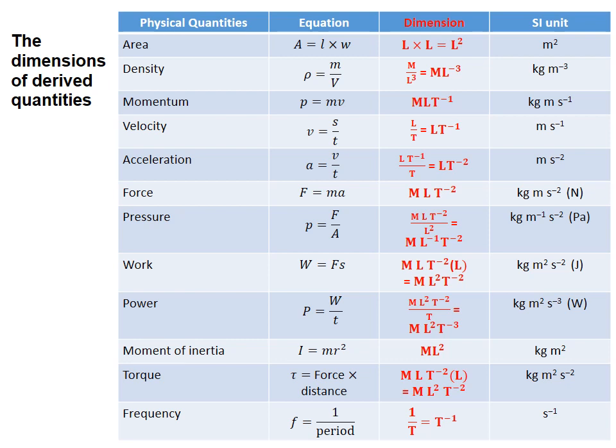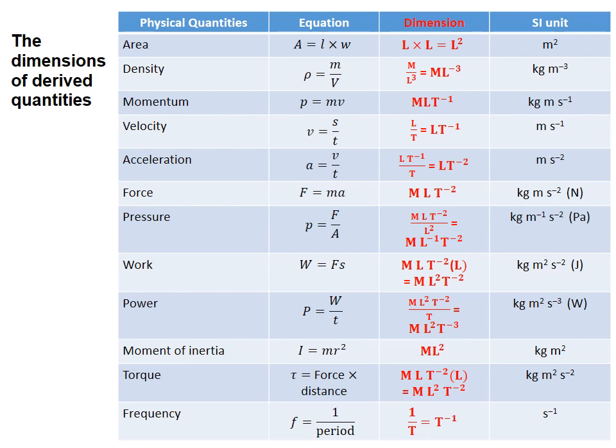Another one is velocity, displacement over time. Okay, displacement is length, so consider as L. Time is capital T. We have LT negative 1. So SI unit is ms negative 1. So acceleration is velocity over time.